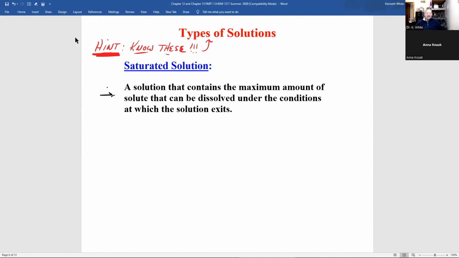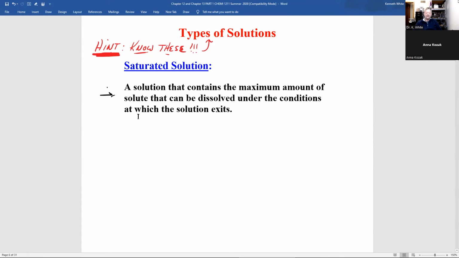And when I worked in an organic chemical lab, we would make up certain saturated solutions that we would use. They're very useful.